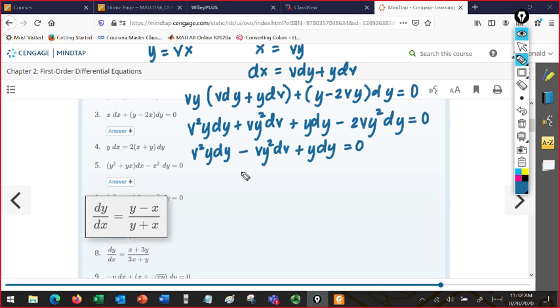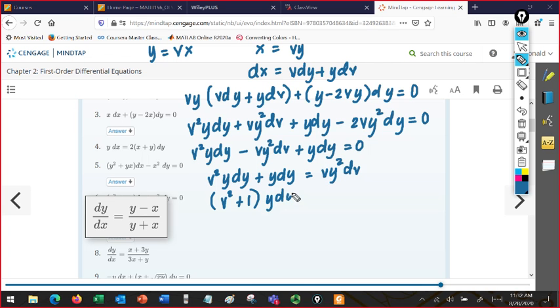Tapos ilipat na to sa kanan, no? Because we are separating the variables. This is now positive vy squared dv. Common factor is y dy. So, v squared plus 1 ito.